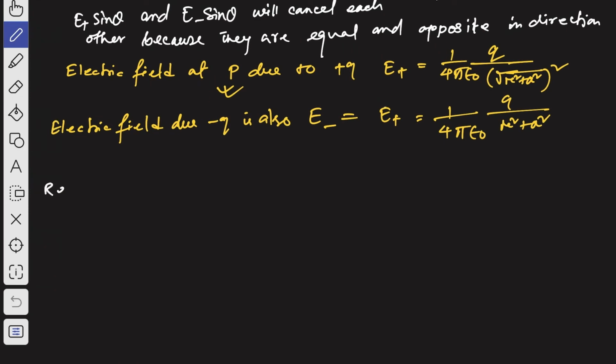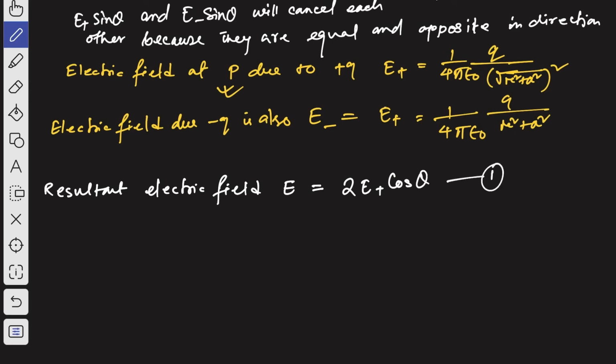Therefore we can write the resultant electric field E equals 2 E positive, either E positive or E negative because both are equal in magnitude, cos theta. So this is equation number 2, and the previous one is equation number 1.